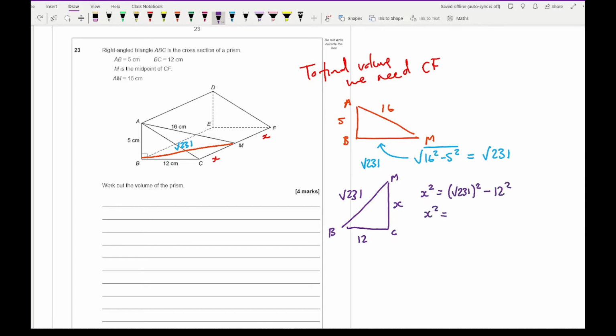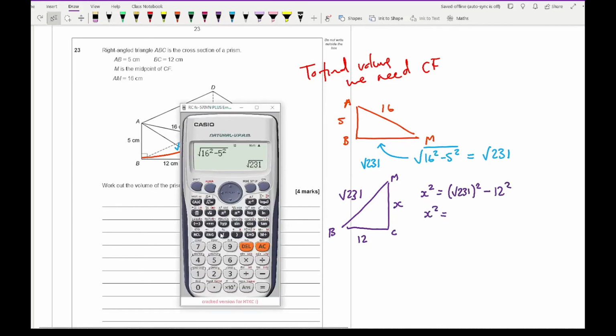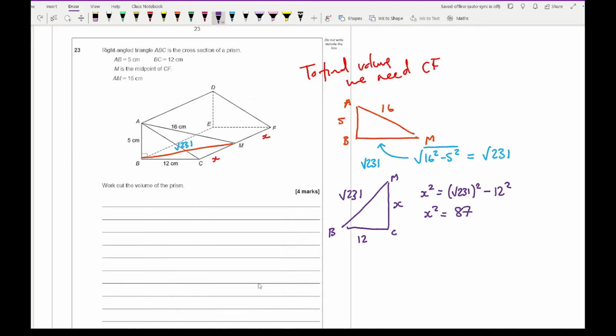And if I type that all in, the square root and square just cancel out, so it just gives me 231 minus 12 squared equals 87. So x squared equals 87, so x equals the square root of 87, which therefore means that this whole length is going to be 2 times root 87, or 2 root 87. So I'm working out the volume.